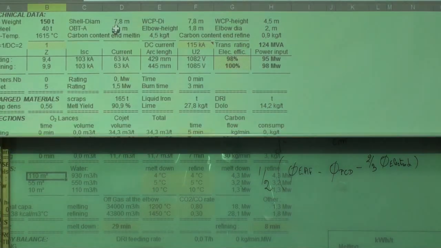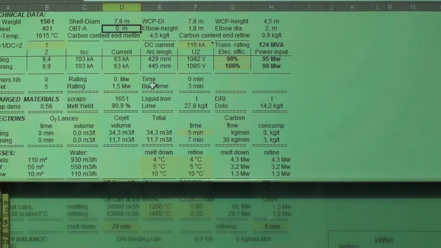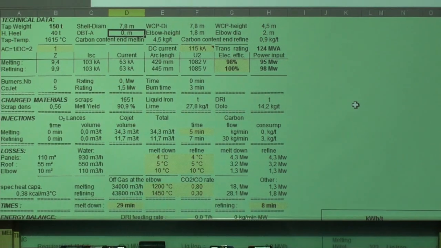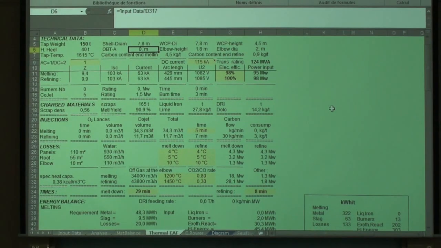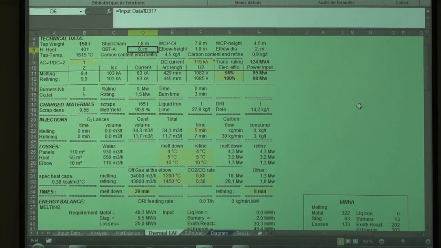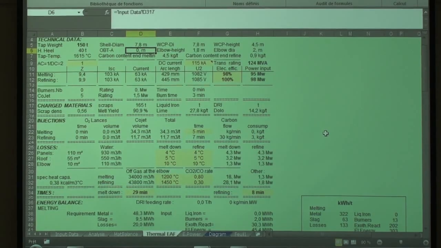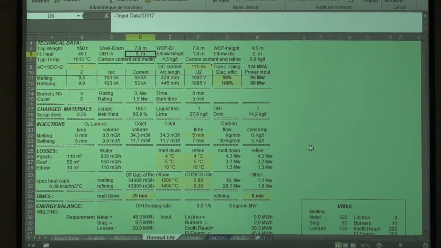See, this is this dimension here. It was popular in the 90s, this OBT.